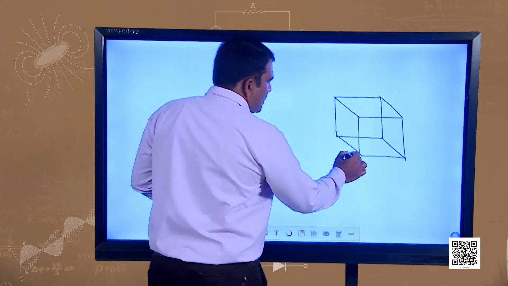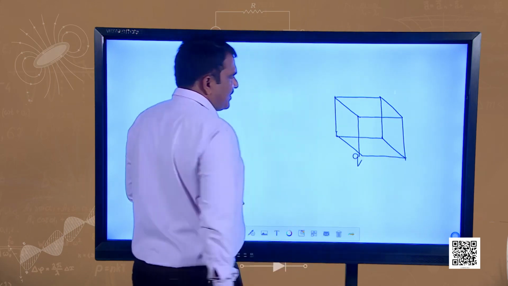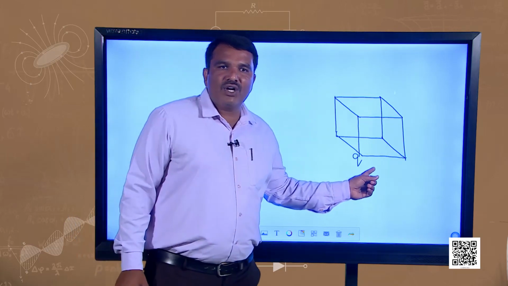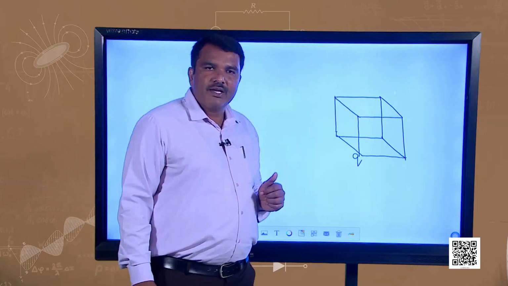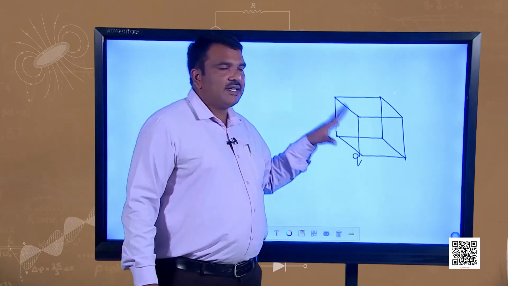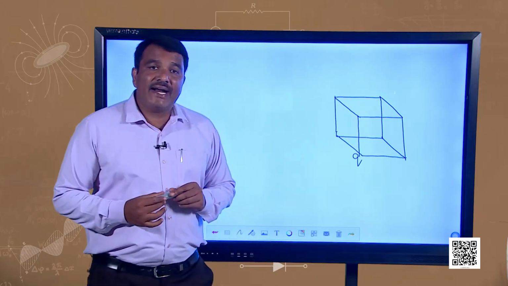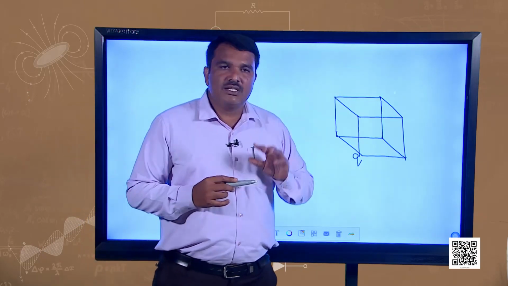Let us suppose a charge small q is placed here at one of the corners of this cube and each side of this cube is a. Now, you have to find the flux through each face of this cube.